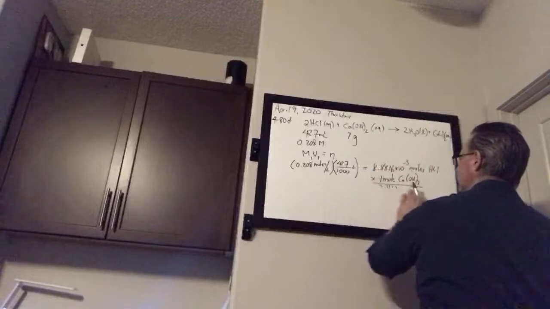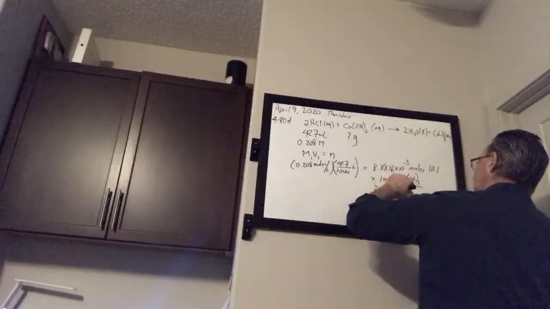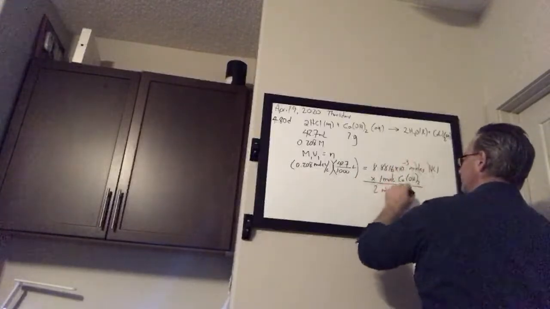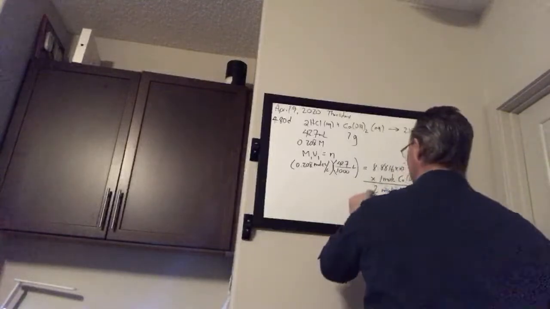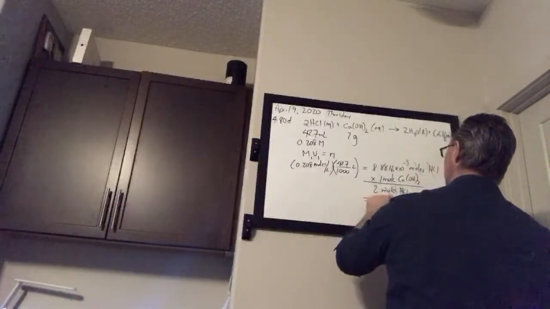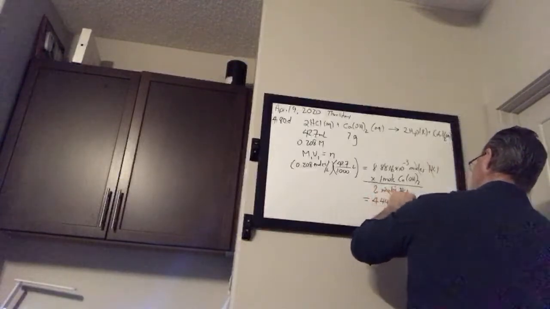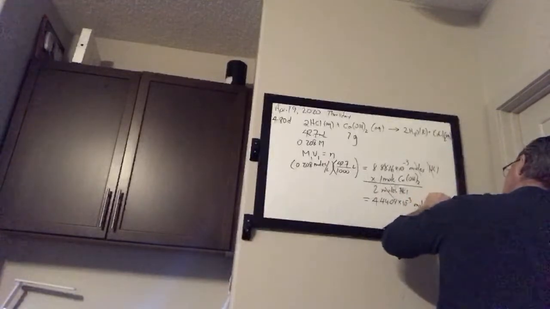So the moles of HCl will cancel, and the value of moles we need is 4.4408 times 10 to the minus 3 moles calcium hydroxide is needed.